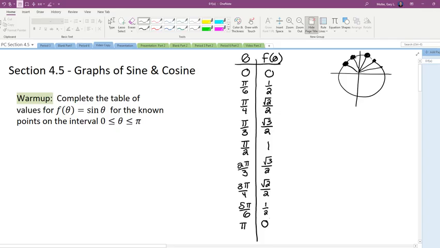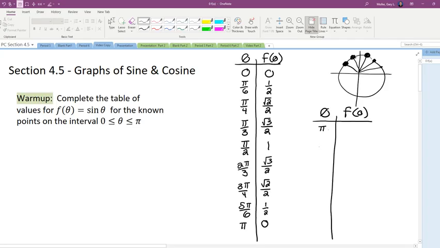Okay, so what I'd like you to do is continue making this table. We're going to keep this table rolling. But this time, let's just do the following inputs, theta and f of theta still. Let's start off where we left off, but this time let's just jump down and do, what are we going to do here?